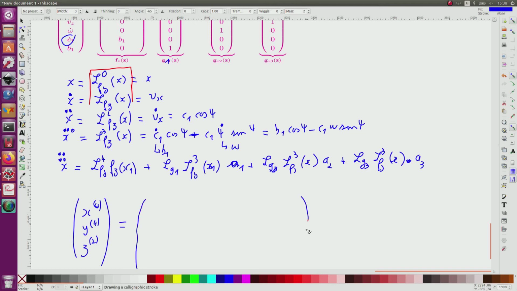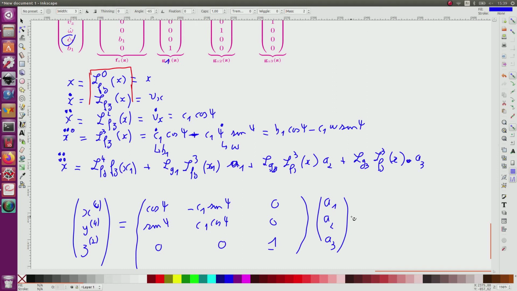If I compute all of this, and I will not do it here, it is cos psi, minus c1 sin psi, 0, sin psi, c1 cos psi, 0, times a1 a2 a3, and 0 0 1, plus an expression which is something like 2b1 omega sin psi minus c1 omega squared cos psi, 2b1 omega cos psi minus c1 omega squared sin psi, and here 0.